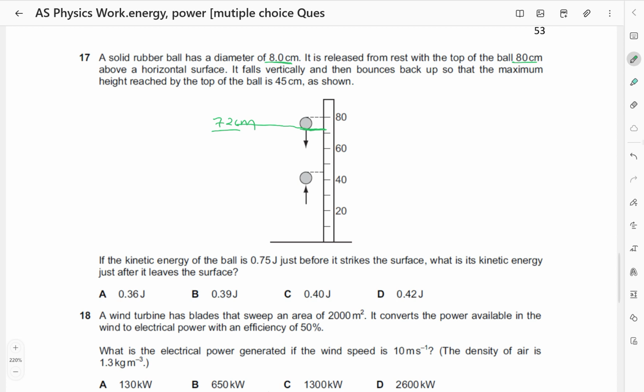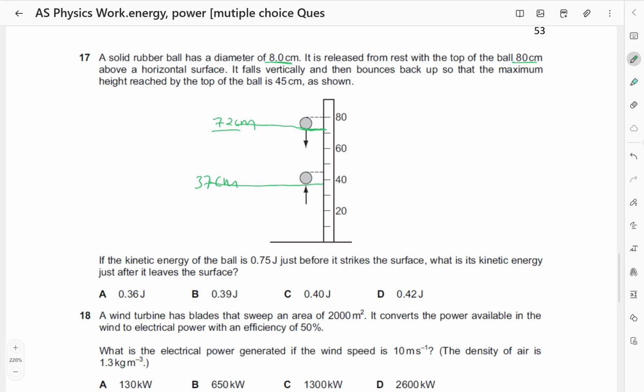Then when it returns, we also look at it from the bottom, because it comes back to 45, yet the diameter is 8, so this distance is going to be 45 minus 8, which is I think 37 centimeters. It will be 37 centimeters from the bottom or from the ground.